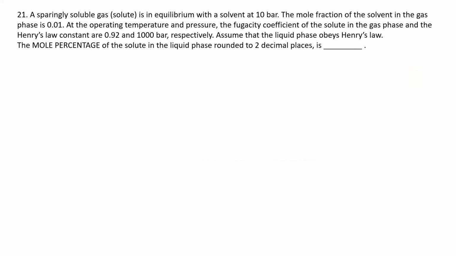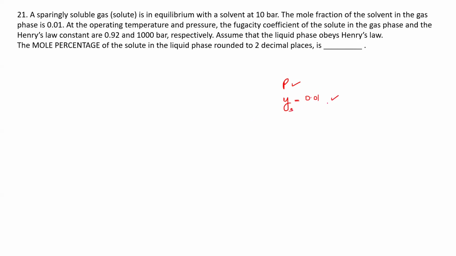So now a sparingly soluble gas is in equilibrium with a solvent at 10 bar. P is known. The mole fraction of the solvent in the gas phase is 0.01, so Y is equal to 0.01 of the solvent.